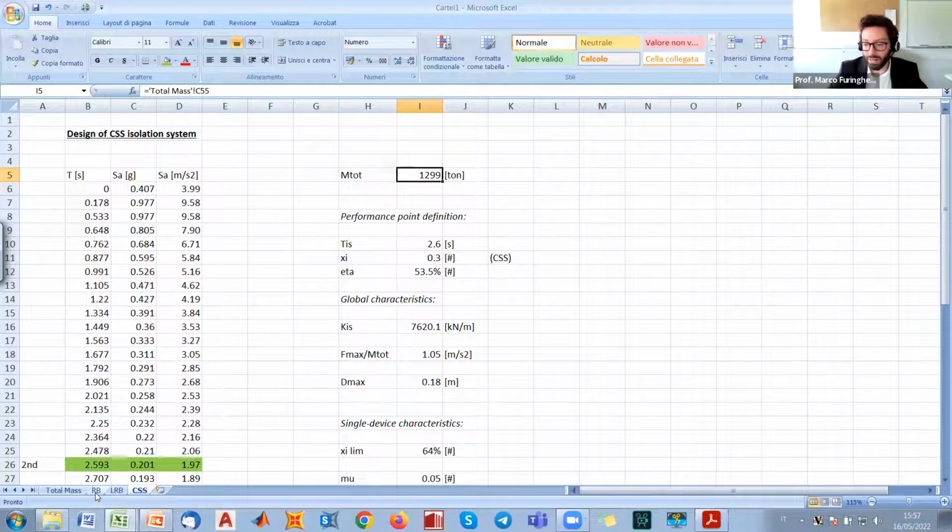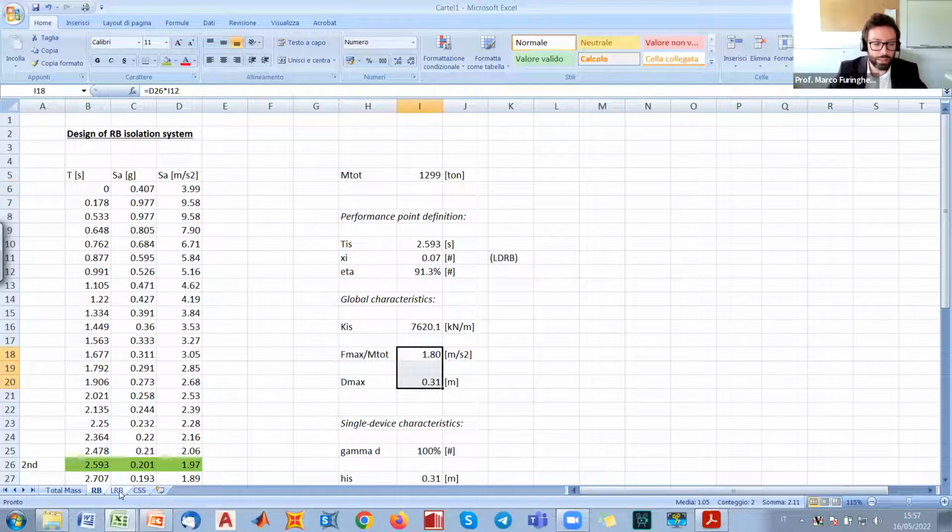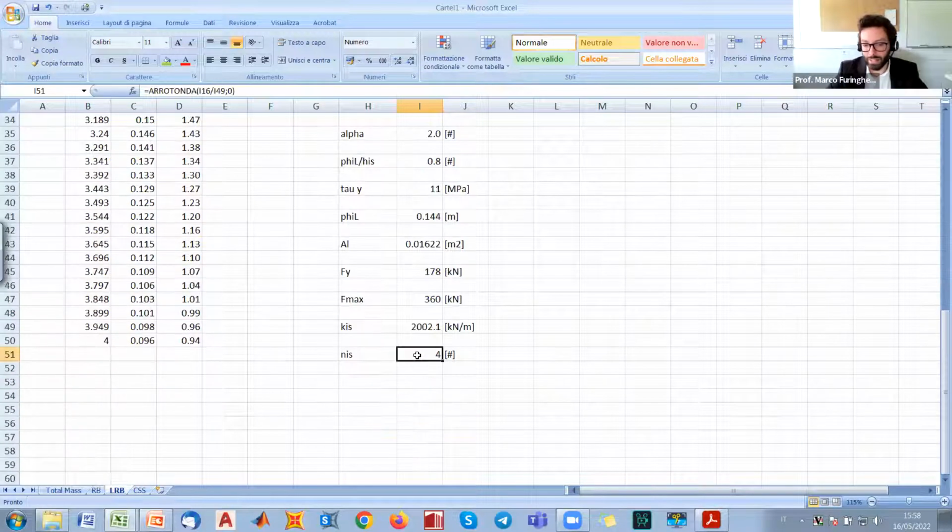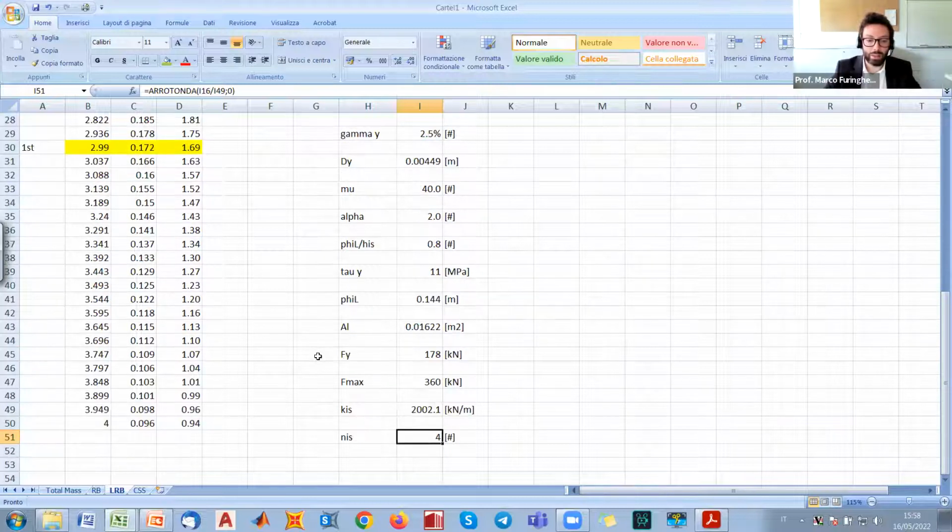Just to remind that for the rubber bearings and lead rubber bearings, we have defined just isolators. So this means that in the numerical laboratory on Wednesday, we will also have to model flat sliders in the non-linear hysteretic way. Okay, so we will model all of them.